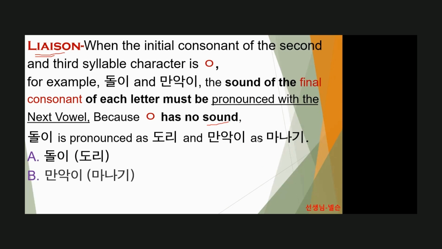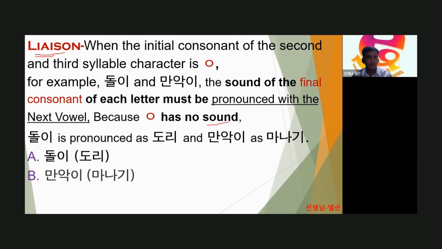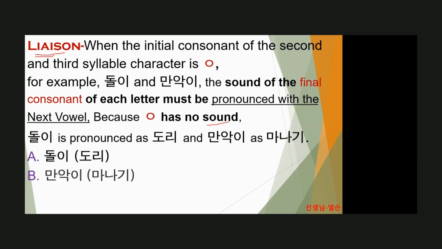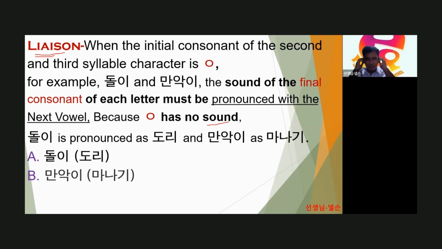Liaison when the initial consonant of the second and the third syllable character is O. For the example, the sounds of the final consonant of each letter must be pronounced with the next vowel because O has no sound. Yeah, kamsahamnida. Sige. Thank you.